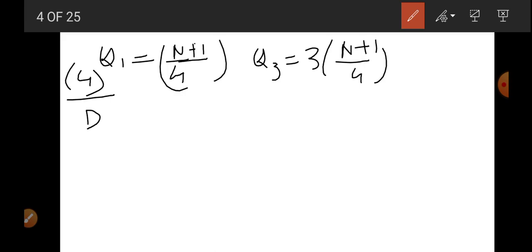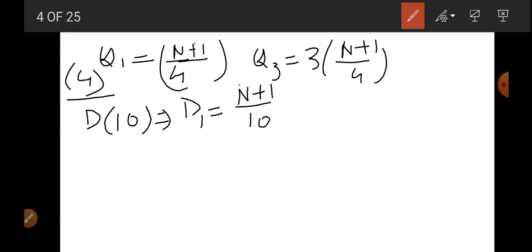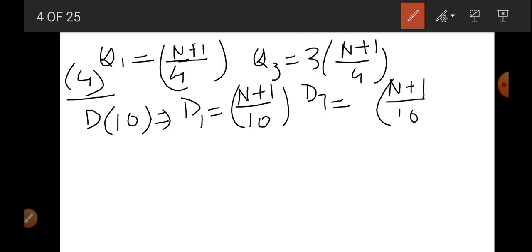Now come to the decile. Decile divides into 10 parts, so we divide n plus 1 by 10. For getting D1, we use (n+1)/10. If you want to calculate D7, just write (n+1)/10 as it is, and write 7 outside.